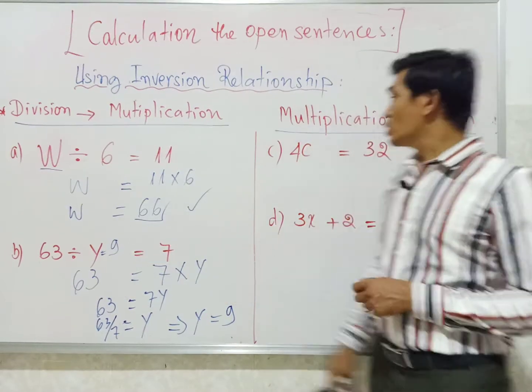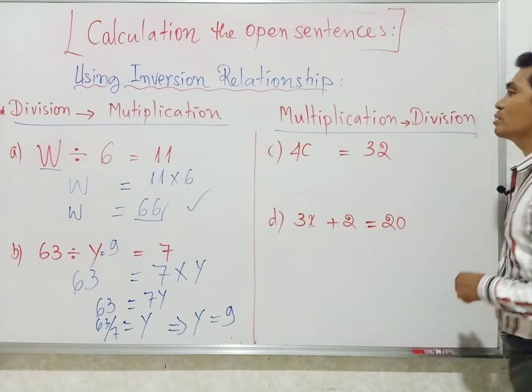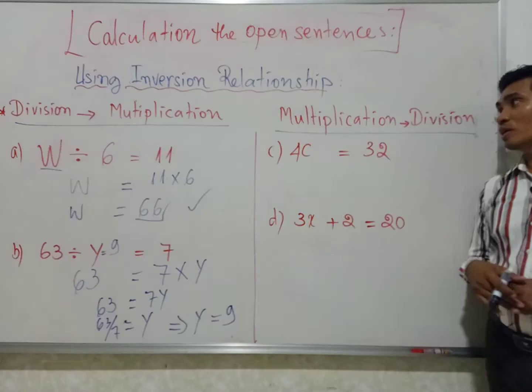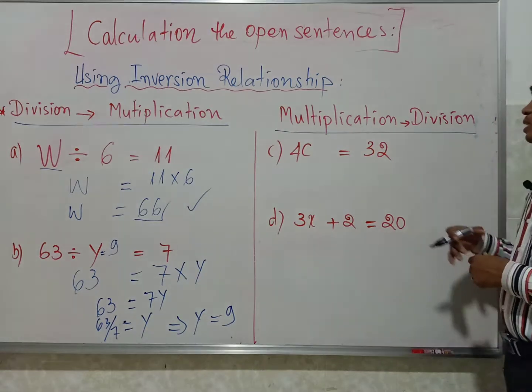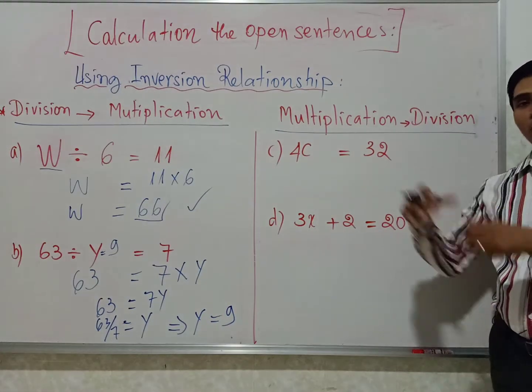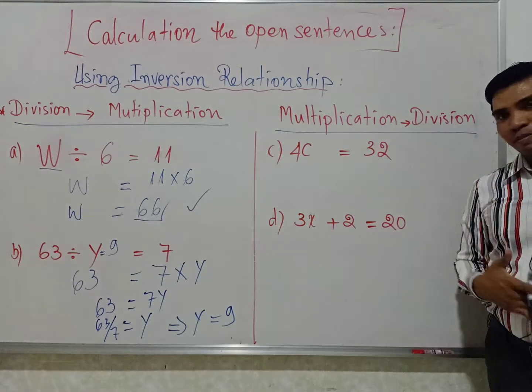Okay, so look here, we have an open sentence also, but this form is about multiplication. So the inverse relationship is division. Look here, this is 4c. 4c equals 32. This one is multiplication, and the inverse relationship is division.